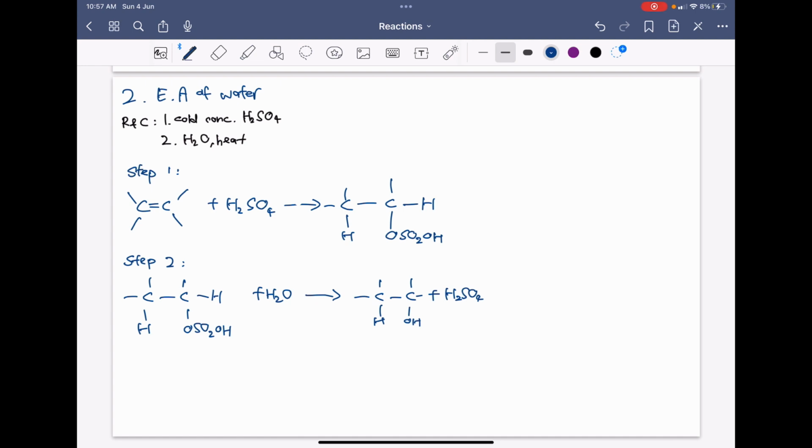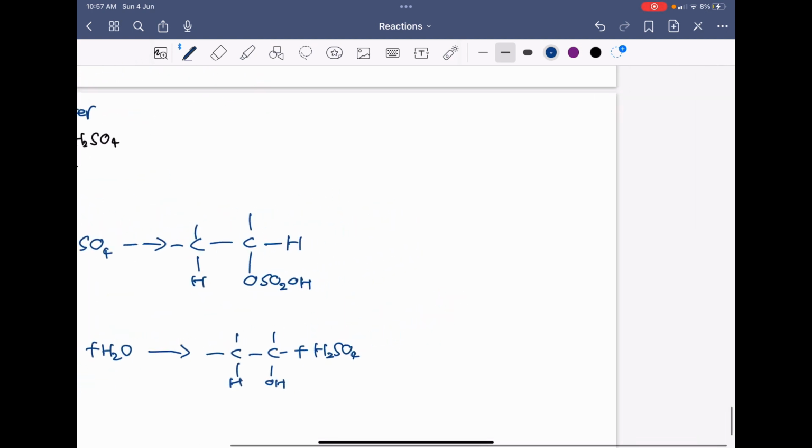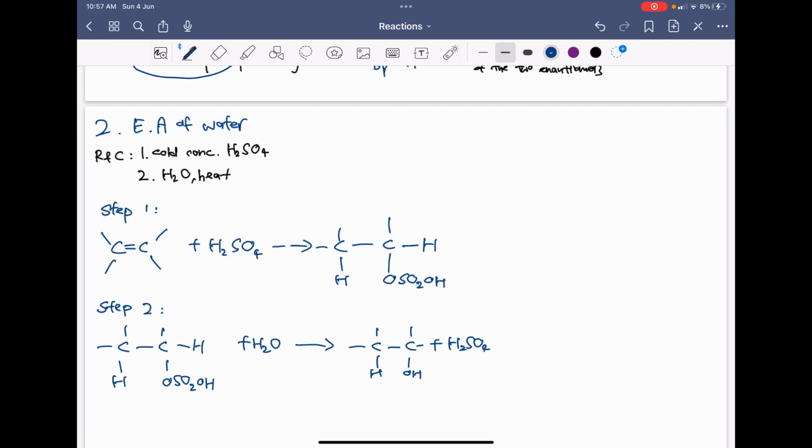Well, you just have to remember this as is, but you may be tasked to draw the mechanism for step 1. So how this mechanism for step 1 works is, number 1, you need to add the electrophile. It's the same concept as the rest, it's just there's a step 3 now here.